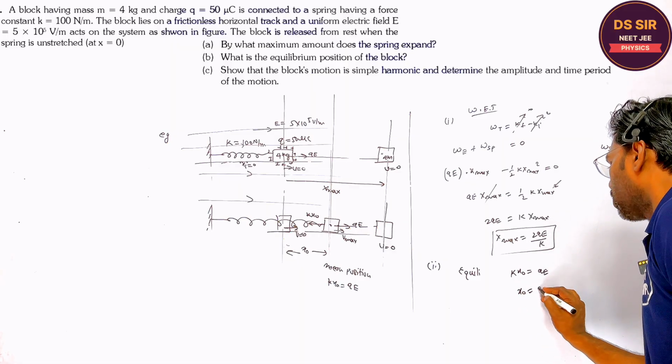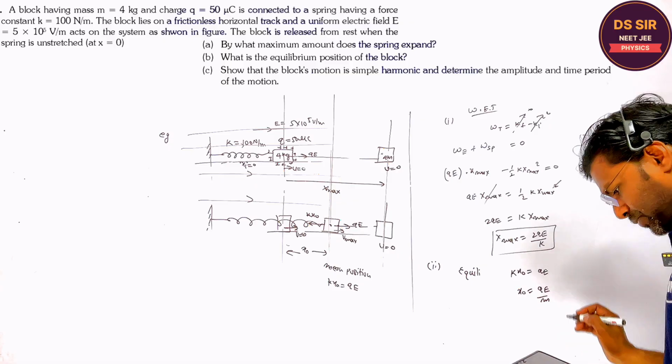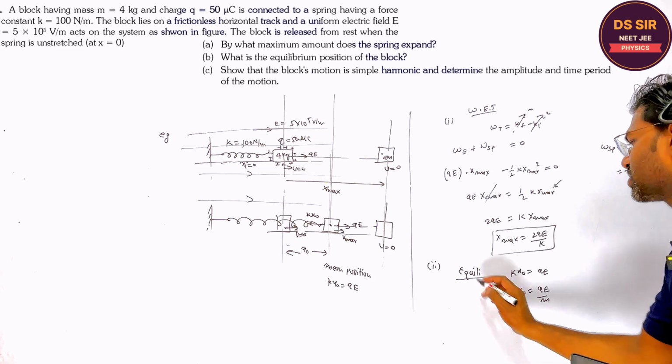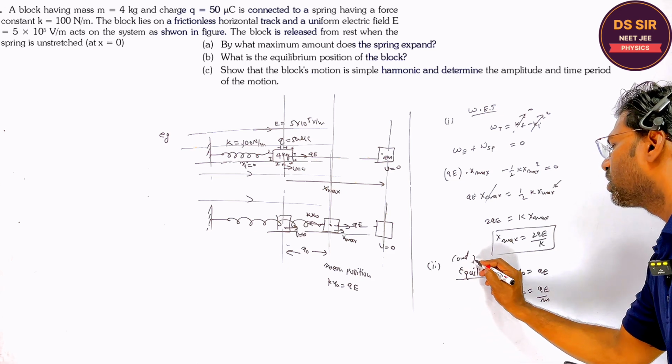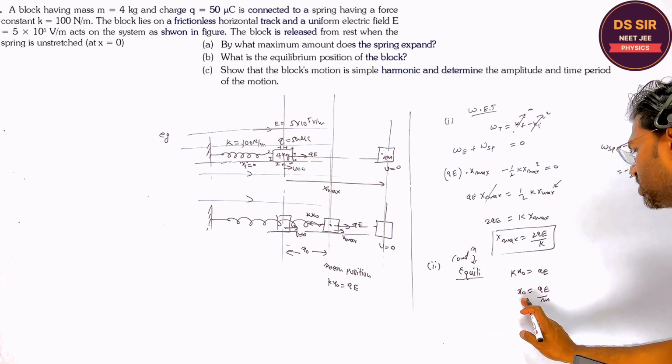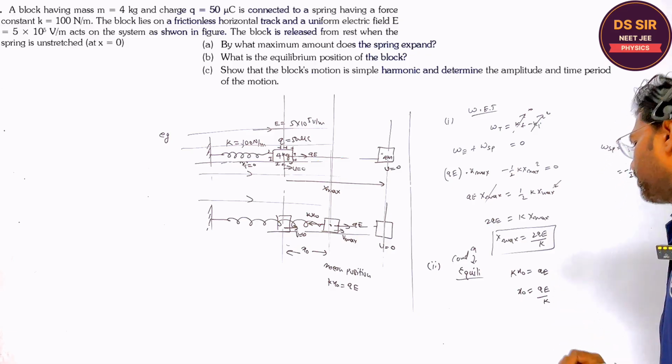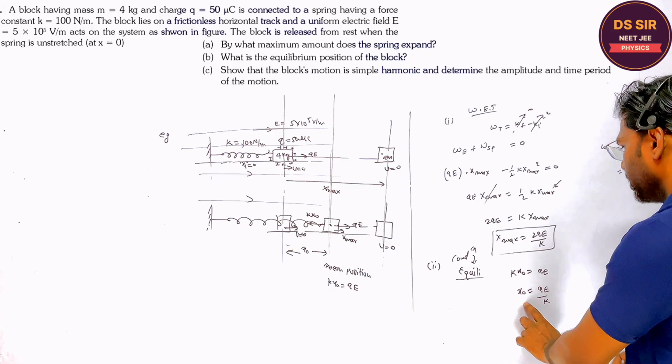So x naught is QE upon k, not m. QE upon k. So listen one thing.